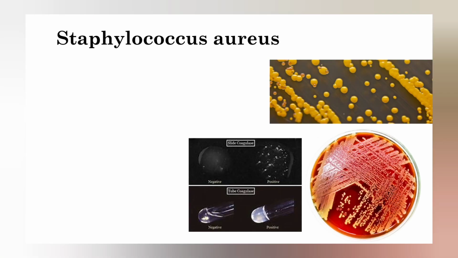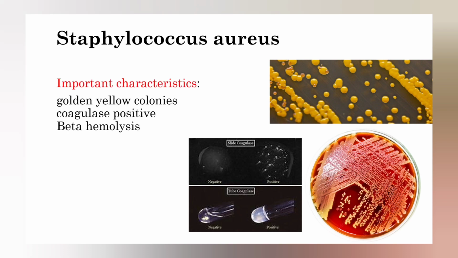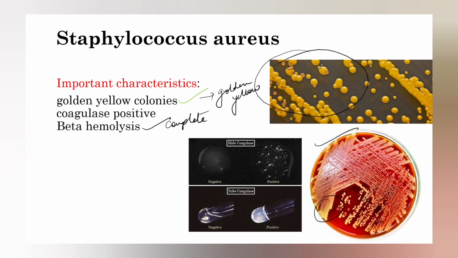So now let's talk about Staphylococcus aureus characteristics. Staphylococcus aureus produces golden yellow colonies on nutrient agar and other culture media. It also shows coagulase positive, and they also have beta hemolysis on blood agar. It means complete hemolysis.